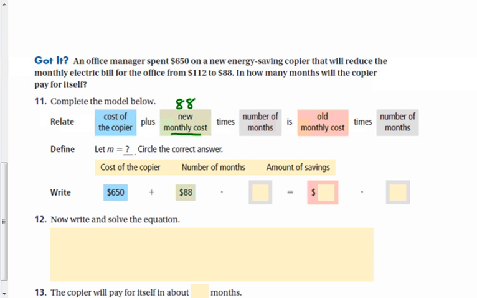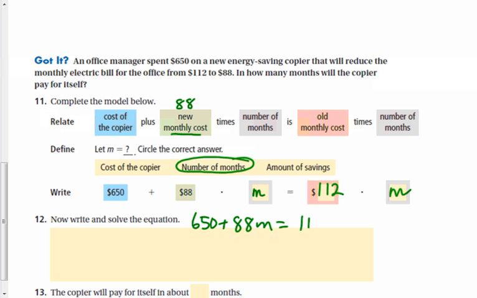So, and we're going to use M to represent the number of months. And so 650 plus 88M equals the old monthly cost, which was 112 times the number of months again, M. So we have the equation 650 plus 88M equals 112M.